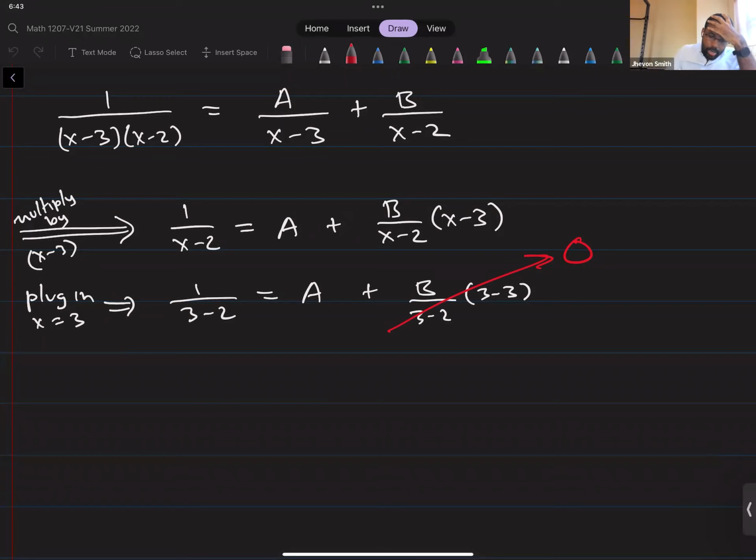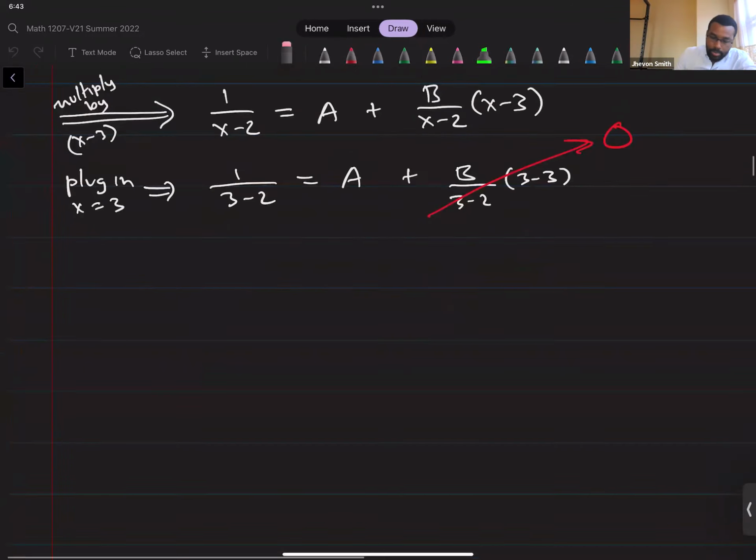What's on the left side is what you would get if you looked at the original left and just covered up the x minus 3. Really, you didn't ignore it, you actually multiplied by it. That factor is going to be in everybody except the A. So when you plug in x equals 3, it kills everybody except the A. And you can actually do this for the other one as well, right?